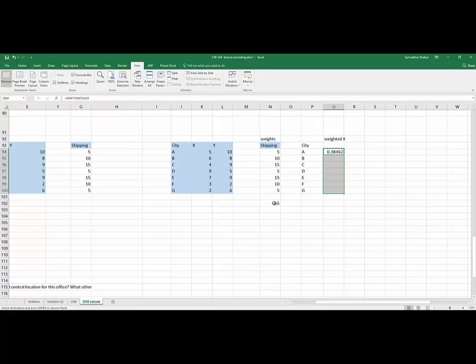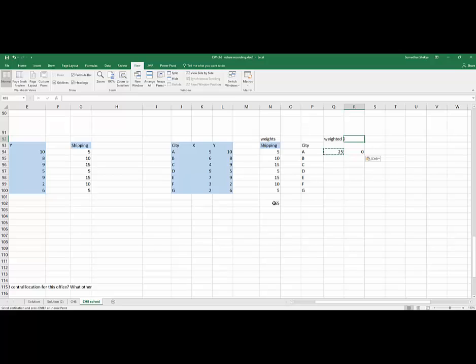Now either we do this, or let's do it this way: equals this times this, such that I freeze the column but not the row, and paste this.